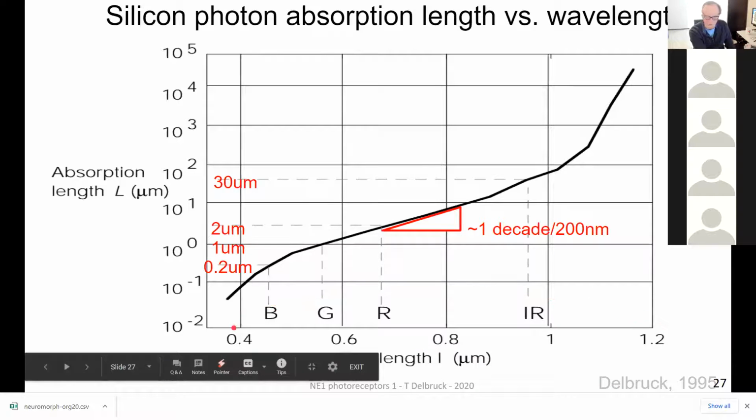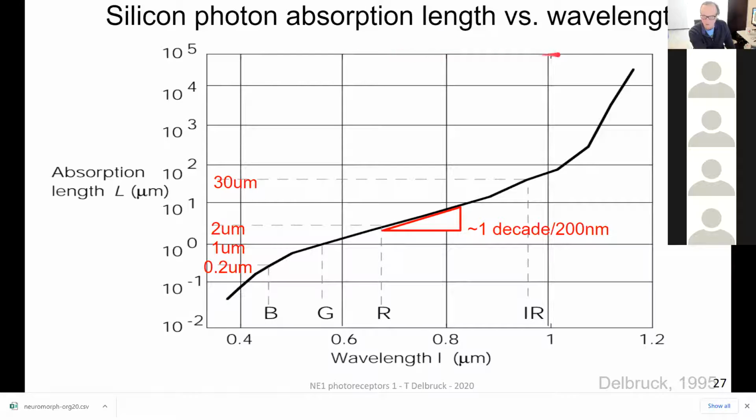which I redrew from a famous paper where it was measured in bulk silicon. Let me get this pointer out of the way. The bottom axis here, this is the wavelength of the light in microns. So you see green here is around 0.55 microns, right? Blue is around 450, 500, something like that.